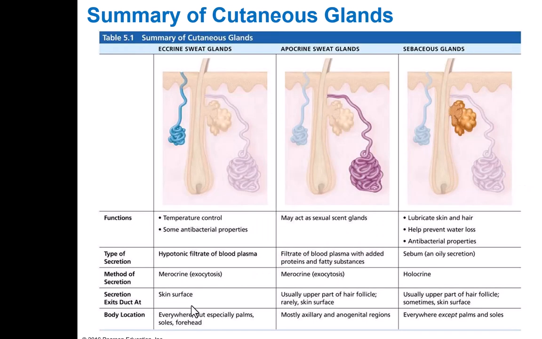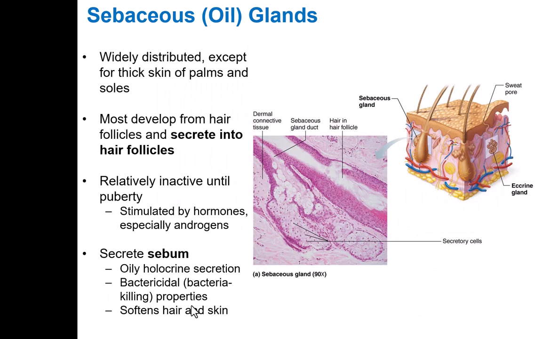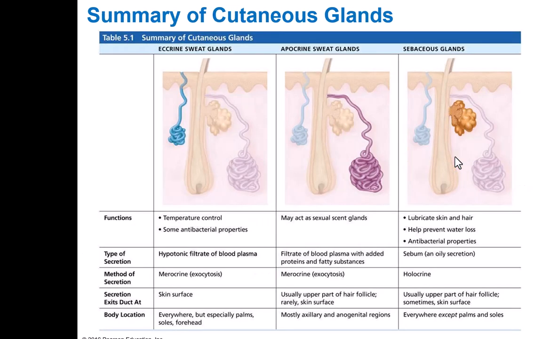Oh, here's a great picture. I'll come to this in a second. Oil glands are connected to a hair follicle as well, just like the apocrine sweat gland was. But how do you tell the difference? I forgot about this picture. I'm glad this is in your book. This is in chapter 5 of the textbook, and it shows you the difference of these 3 major types of glands. So again, eccrine sweat gland: long and tubular, empties onto the surface of the skin.